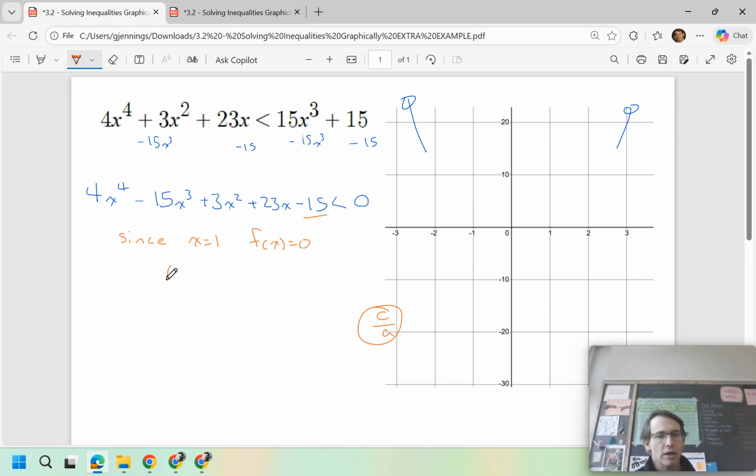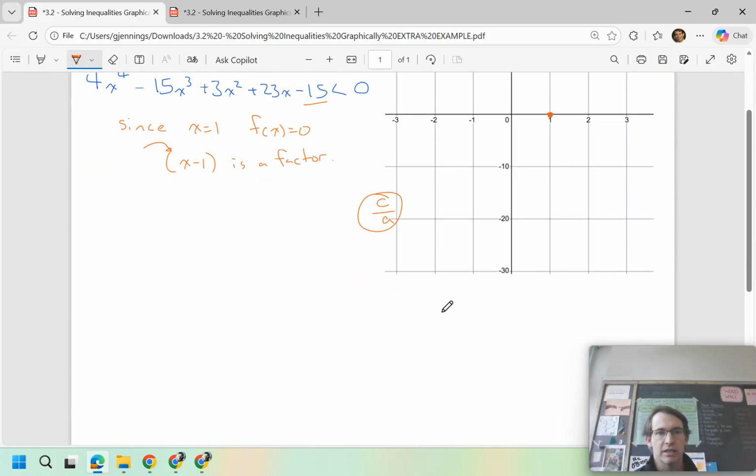We know x minus 1 is a factor, because we must have a 0 there, so this is one of our important points. And that means x minus 1 is what we're going to divide into this function.